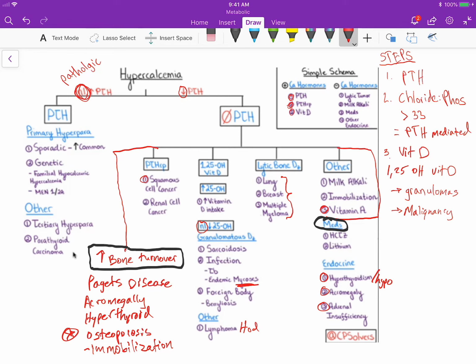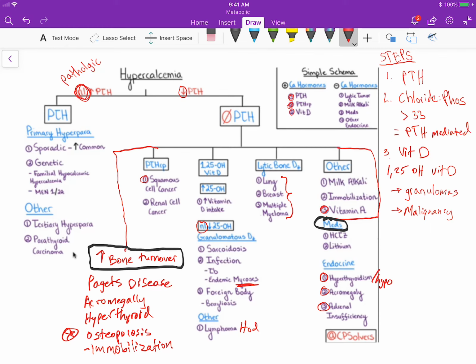But all in all, the way to approach this is through understanding the hormones that regulate calcium. So take an endocrine approach, and first check the PTH, calculate the chloride to phos ratio to quickly see whether this is PTH mediated or not.